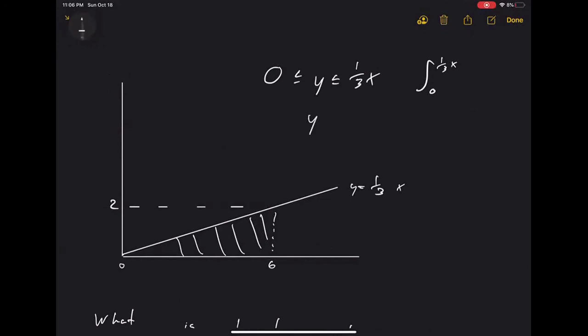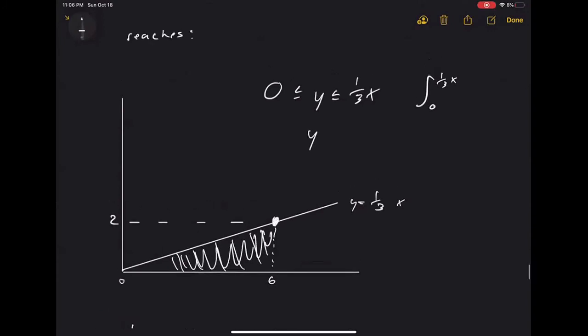What is the largest y value we achieve on this region? Well, it's in the top right corner. And what is that y value? If I plug x equals 6 into this equation, I see that y is going to be equal to 2. So y is less than or equal to 2. And what's the smallest possible y value? Well, it's just 0. My y doesn't get any lower.